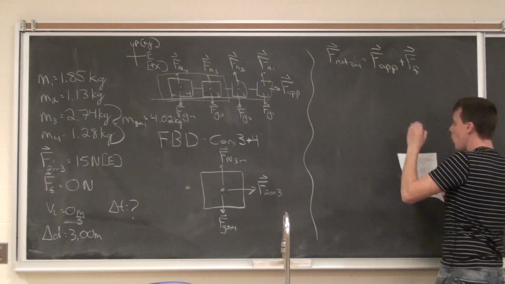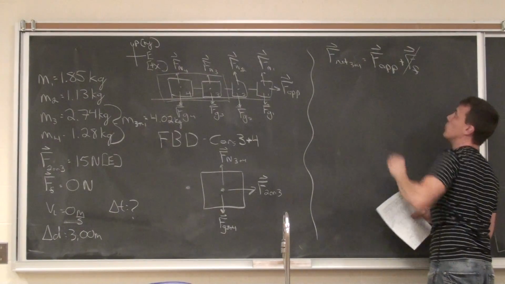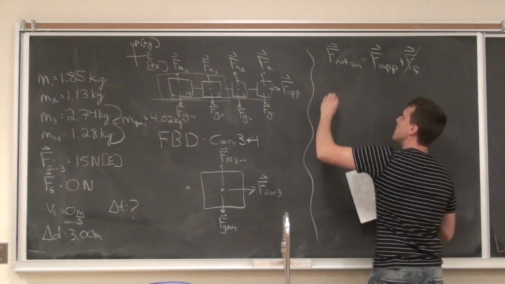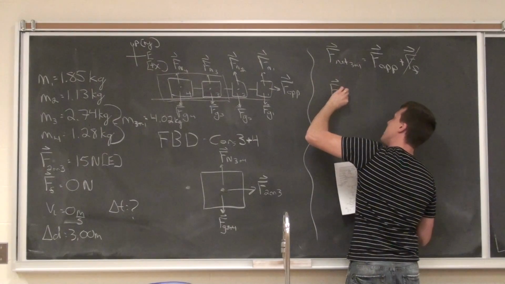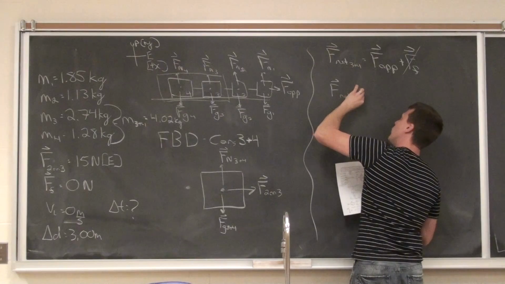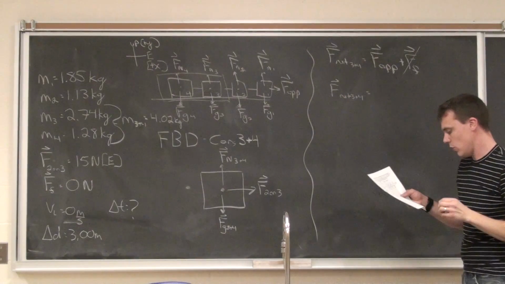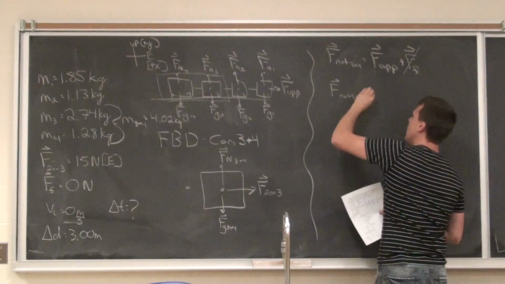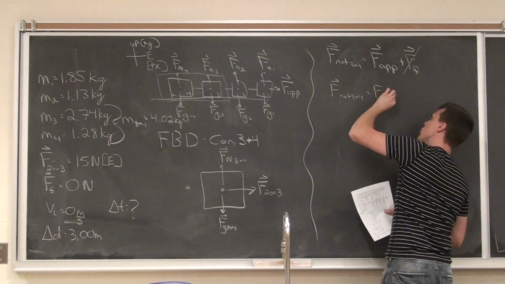Now, we're told in the question friction's negligible, so we don't need to worry about that. So we can rewrite it as F net 3 plus 4 equal to, and the force applied to it is F2 on 3.